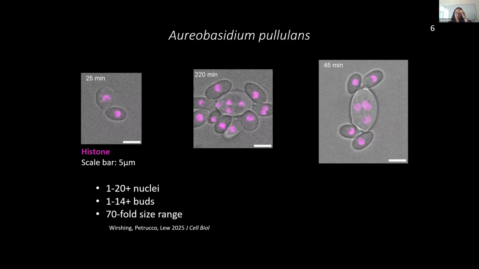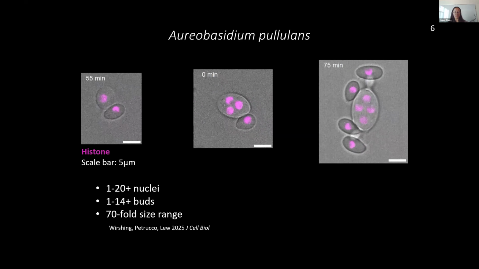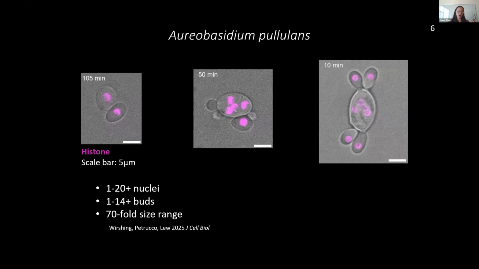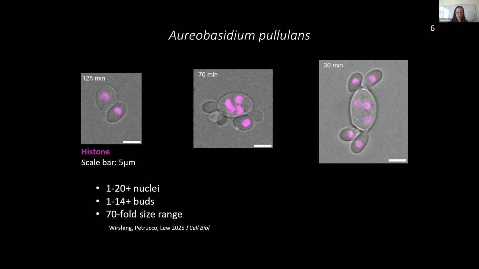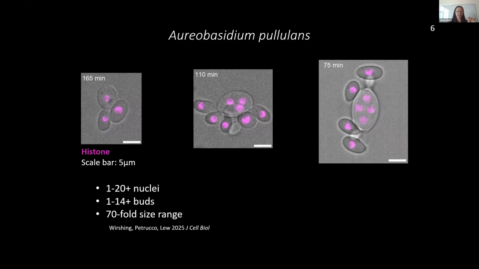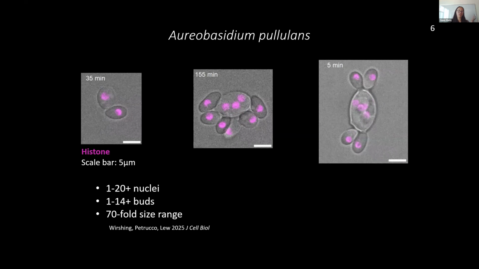To do that, I developed two fluorescence probes. One is tagging PCNA, a component of the DNA replication machinery, which will mark the S phase with very bright puncta. Here they will be black. Those puncta mark where S phase is happening.